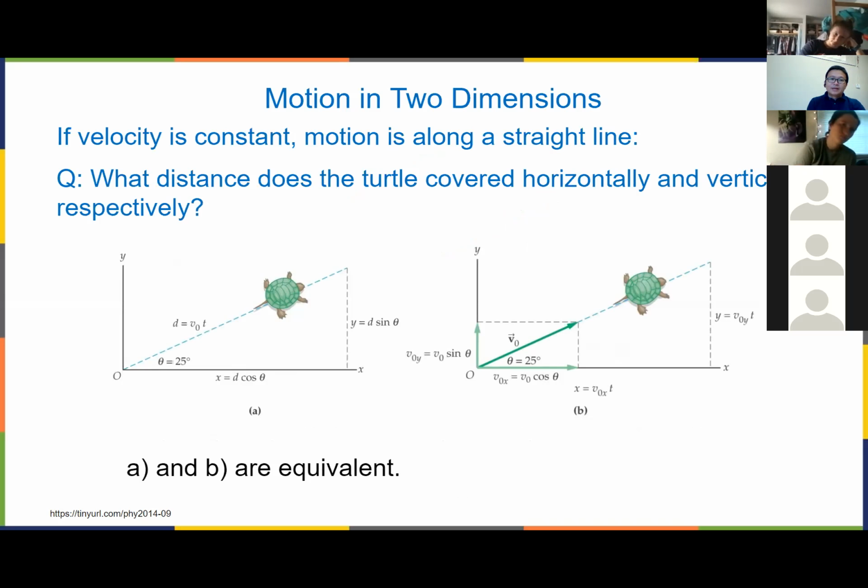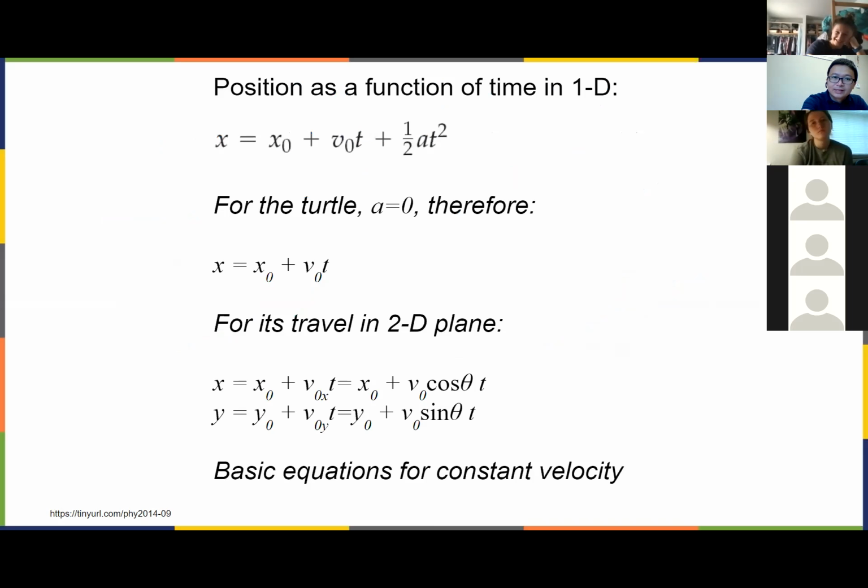You can either get the resultant or overall displacement first, then solve for the x and y displacement separately, or you can get the x or y displacement directly by doing the velocity times time t. On the figure here, the 2 methods are equivalent to each other.